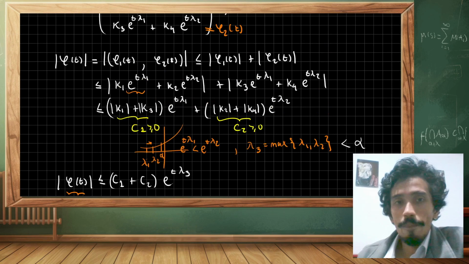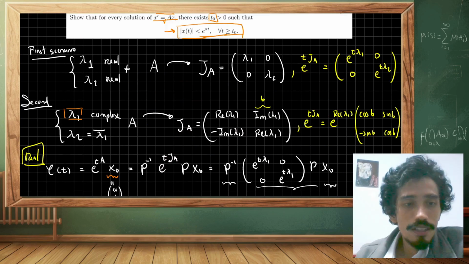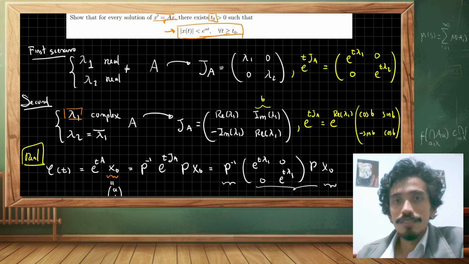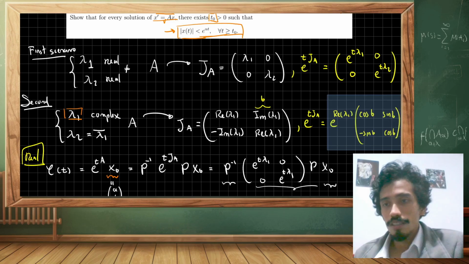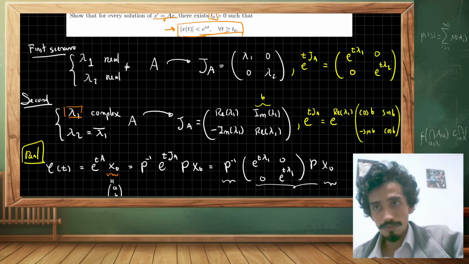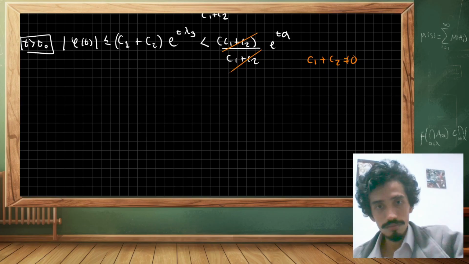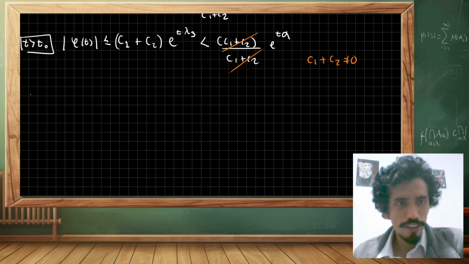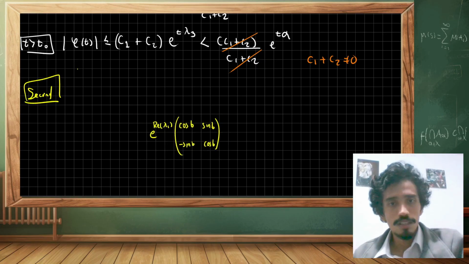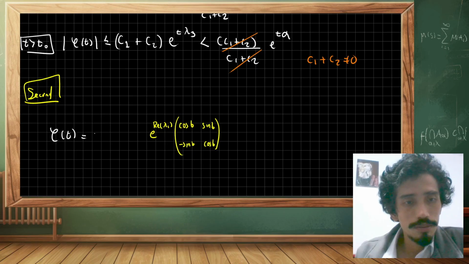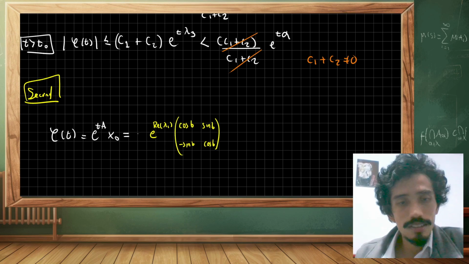Now let's go to the second one, where lambda 1 is a complex number and lambda 2 is its conjugate. Let's copy this matrix. In this case it's simpler, I think. Second step. So you know that this will be equal to this matrix, and this will be equal to this one.